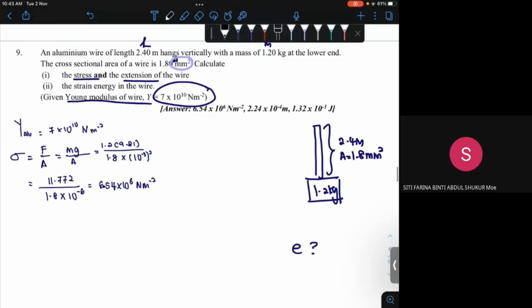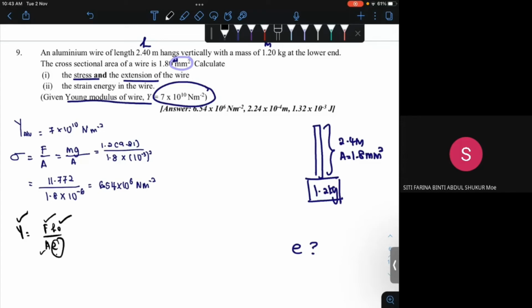Alright, Young modulus is equals to F L0 over area darab elongation. Alright, Young modulus ada. Force kita dah tahu, force kita sekarang adalah jenis force yang menyebabkan extension itu adalah weight. Original length ada, area ada, dan kamu punya elongation is what dia ada.